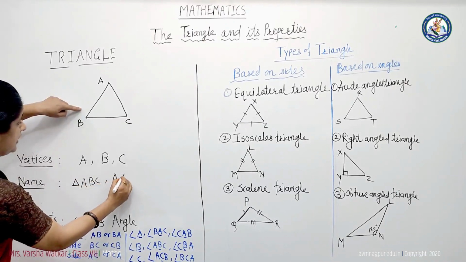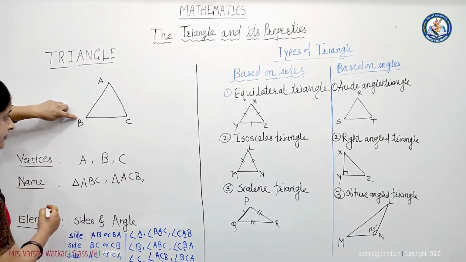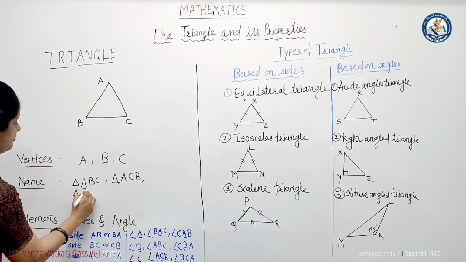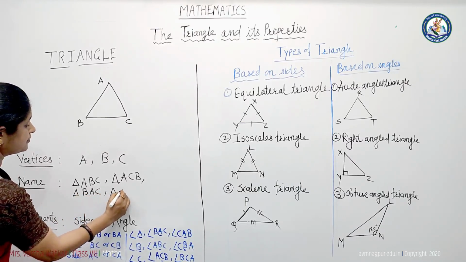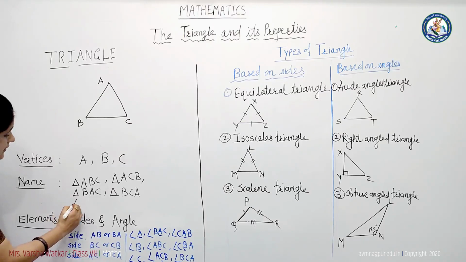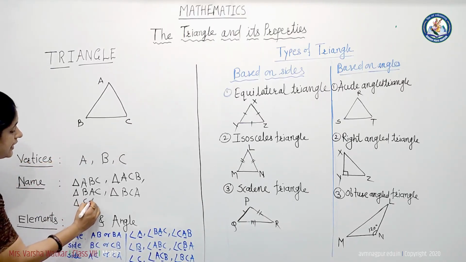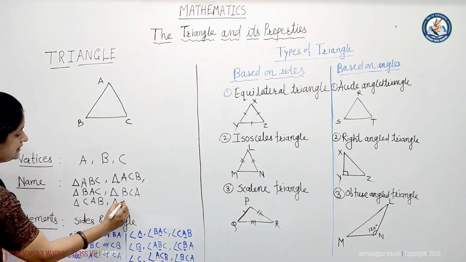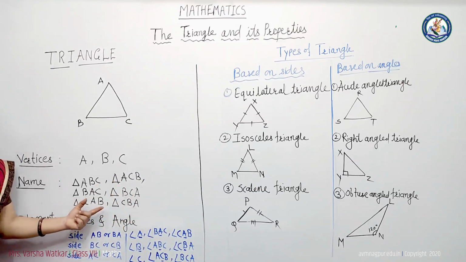Another way, if we start from the vertex B, triangle BAC or triangle BCA. Next, if we start from the vertex C, triangle CAB or triangle CBA. These are the names of the triangle.